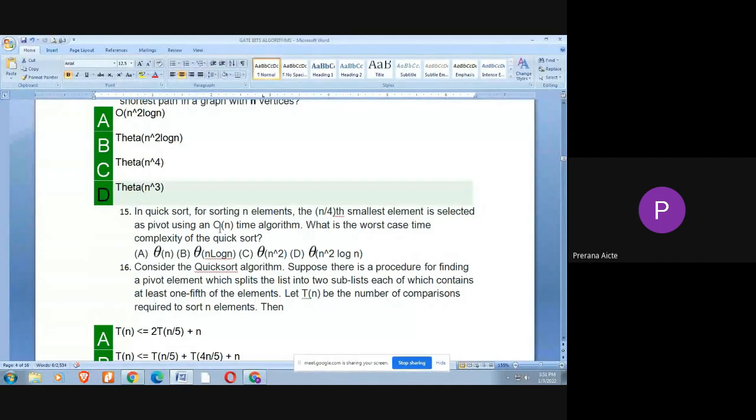So we can write the recurrence relation as P of n equal to P of n by 4 plus the remaining elements, n minus n by 4, that is 3 by 4th of the elements. So P of n equal to P of n by 4 plus P of 3n by 4. And we are going to have order of n time to select the pivot, so plus order of n.